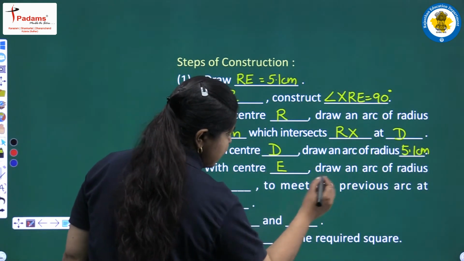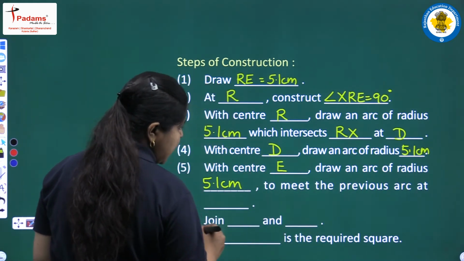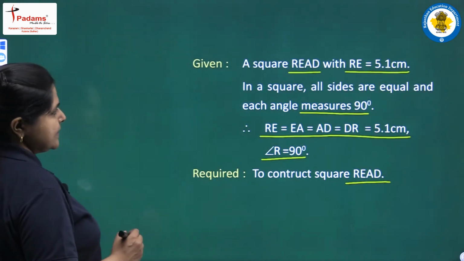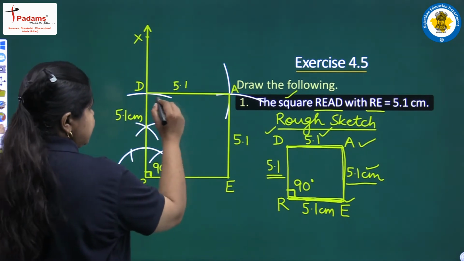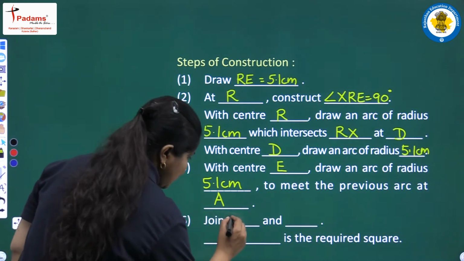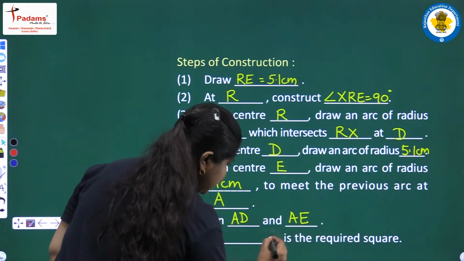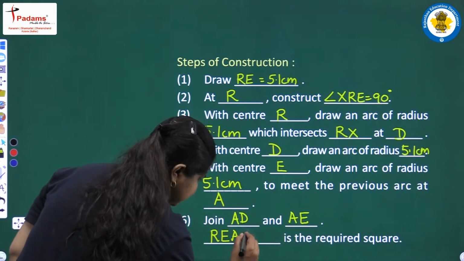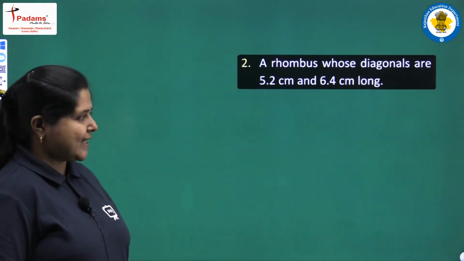With center E, draw an arc of radius 5.1 centimeter to meet the previous arc at point A. You can see here, this is the point A. And now what was left? Join AD and AE. And so we write it here. Join AD and AE. And with this we can say READ is the required square. Okay, we move on to the second question.